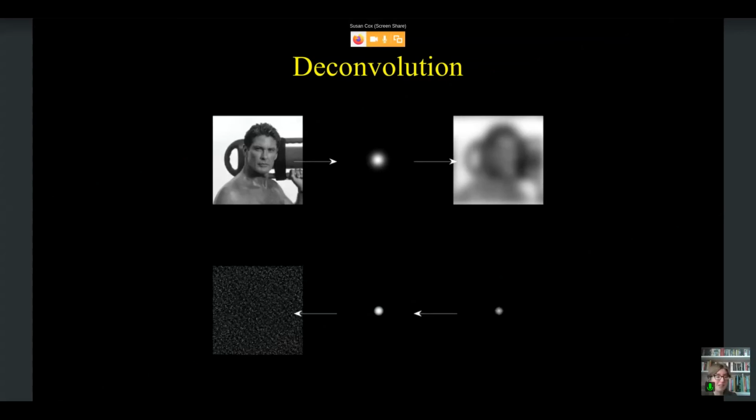This is a general problem that will be particularly familiar to anyone who's done SIM, which is how do you retrieve high frequency information? With SIM, you transform it into a passband that's actually more visible. In this case, what can we do? Well, we can do a very simple thing called Wiener filtering.